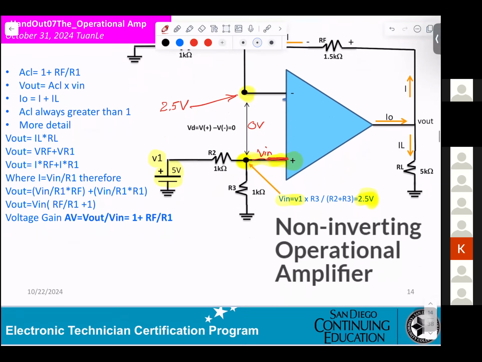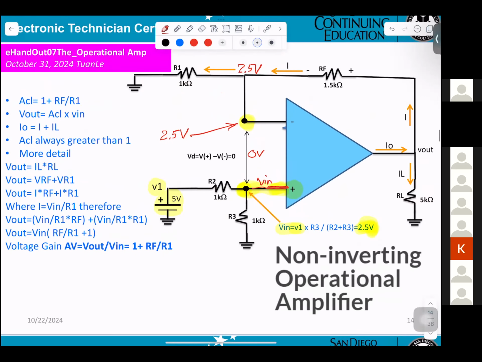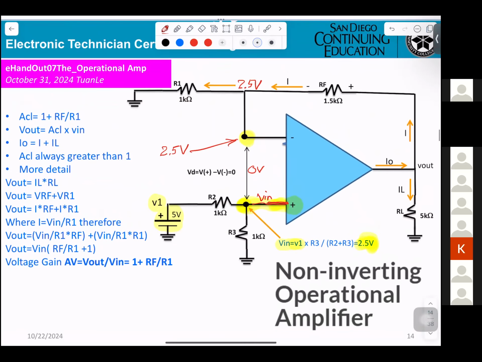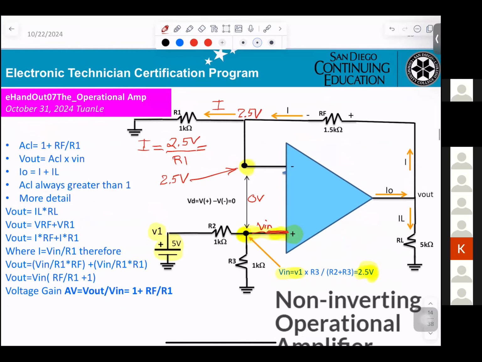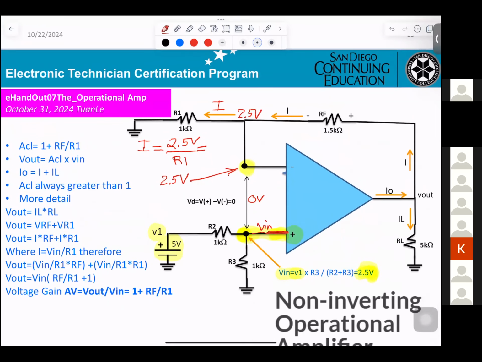You can get the current, that current I. So you know I equal 2.5 divide R1. Okay, 2.5 divide 1K, you get 2.5 milliamp.